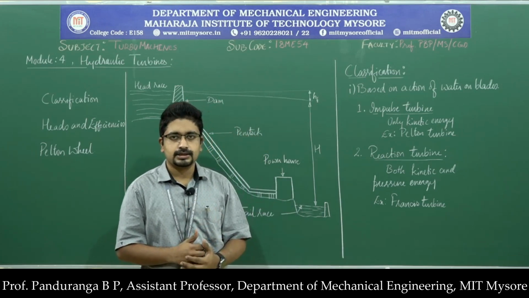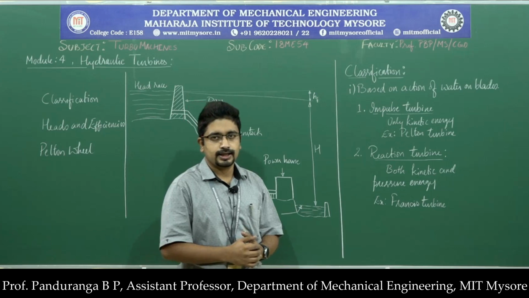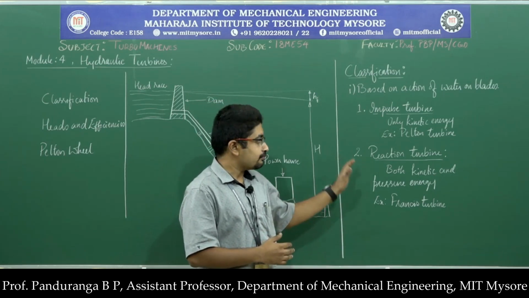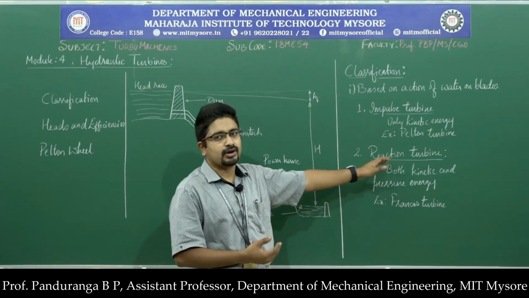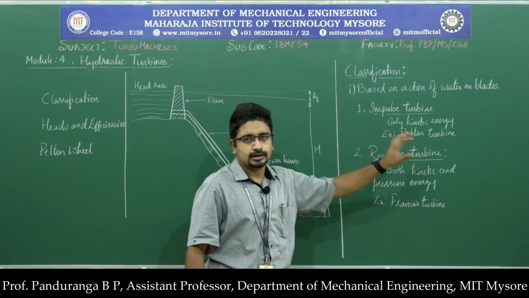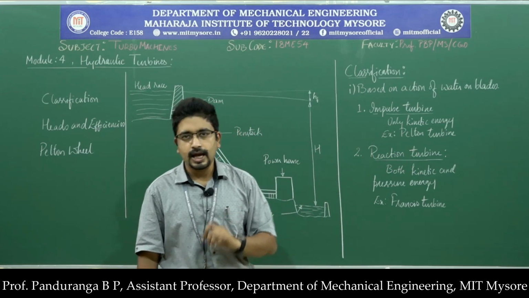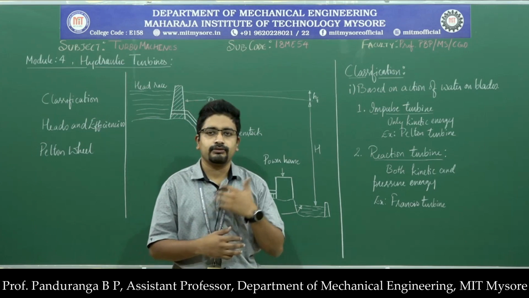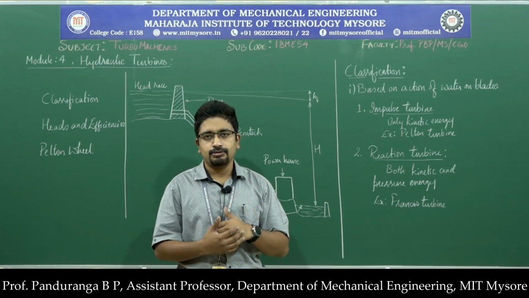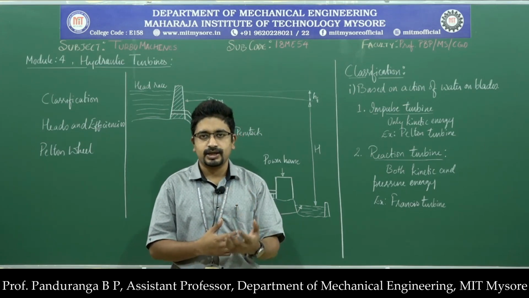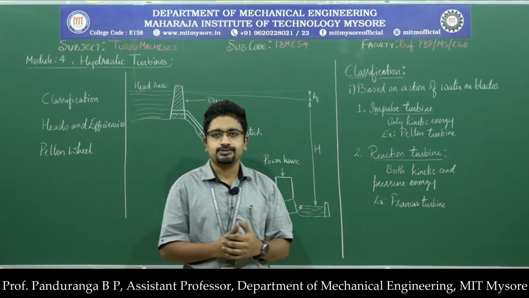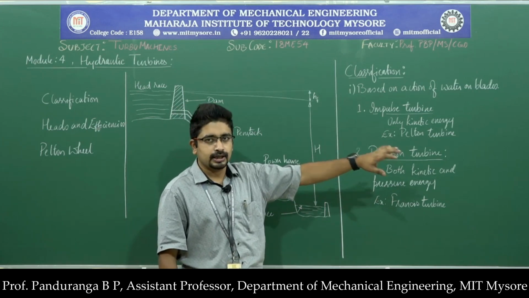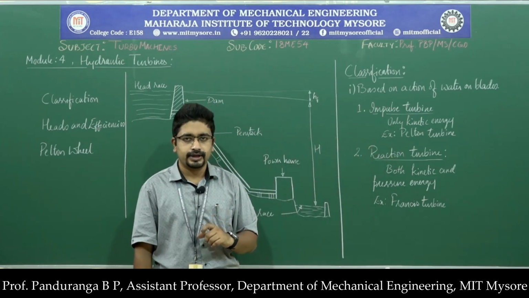All the reaction turbines which we encounter in our day-to-day life or in our engineering are impulse reaction turbines, but we call them simply reaction turbines. And to give us an idea of how much pressure energy and how much kinetic energy is being converted into mechanical work in a given impulse reaction turbine, we have a term called degree of reaction.